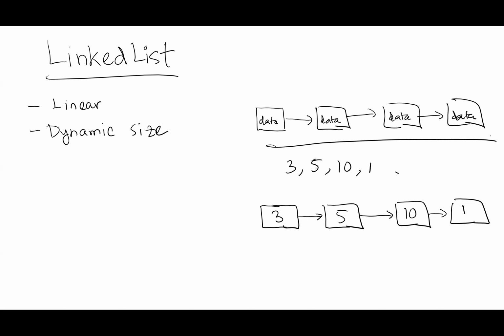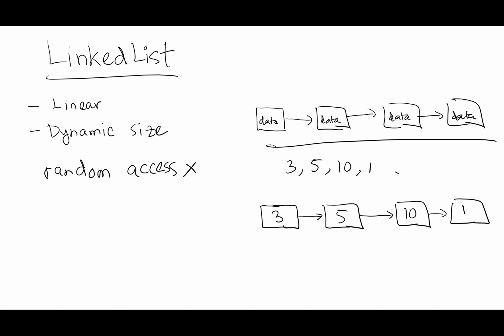And as you can see, unlike array, linked lists don't have index. So we don't have that random access advantage that we had in arrays. So we cannot do that.